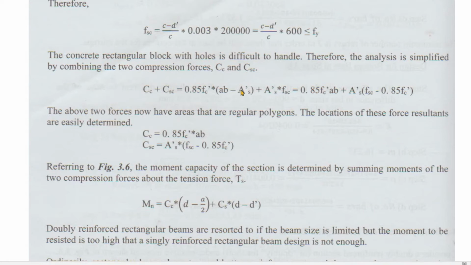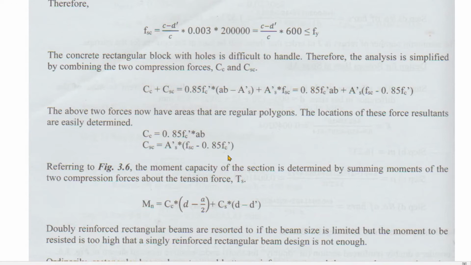Take note na minus yung area ng steel. Plus, yung A's times fsc. Stress in the compression steel yan, ano? So, this is equal to 0.85 f'c ab plus A's times the quantity (fsc minus 0.85 f'c). Take note na si fsc, ito siya, okay? This is equal to this equation.